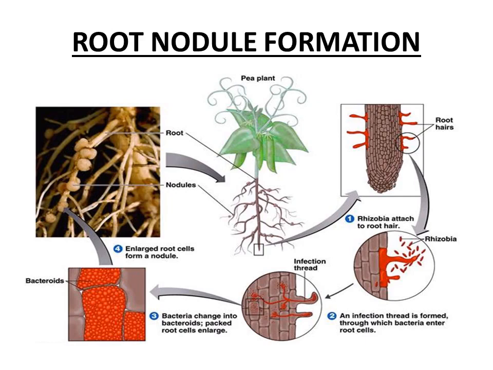Once they enter inside the root cell, they change into bacteroids. The bacterial cells enlarge, divide and redivide, and form a structure called a nodule. These are the different steps involved in the process of nodulation. Now let us study each one of the steps in detail.